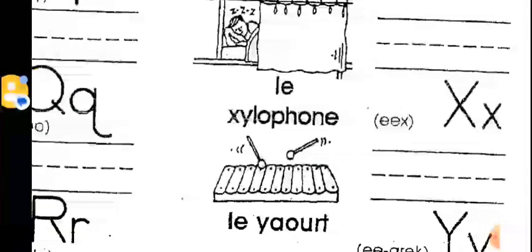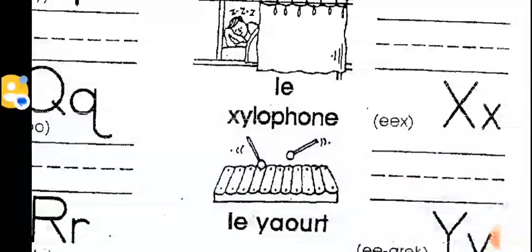Xylophone is spelled X-Y, which is pronounced Z. L-O, which is pronounced lo. And P-H-O-N-E, pronounced phone. So le xylophone. Good.